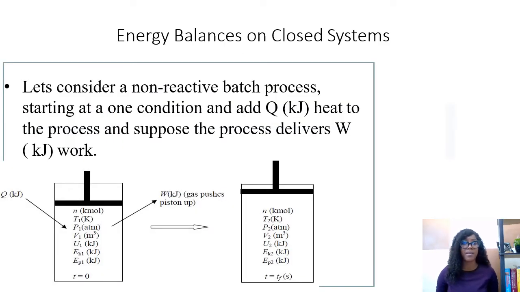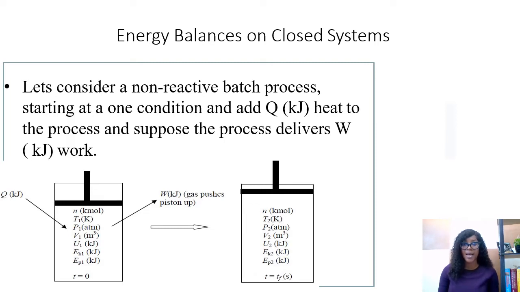We'll now examine the energy balance on closed systems. So I want you to envision this system where we have a piston with gas, and this gas would have, let's say, a number of moles. It would have a temperature T1, a pressure P1, a volume V1, internal energy U1, kinetic energy K1, and potential energy P1.